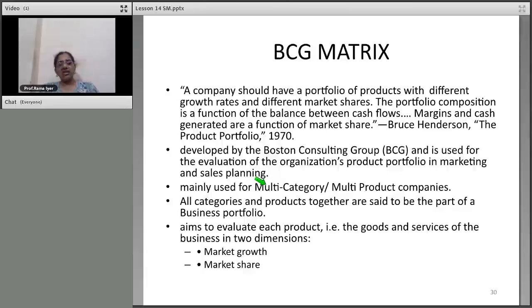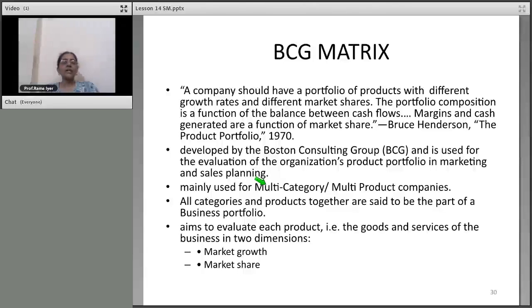Again, different market shares. So, portfolio composition, it should be a function of balance between different cash flows, because you should not have only seasonal products. And what do you do at the other times? You understand? So margins and cash generated are a function of market share.